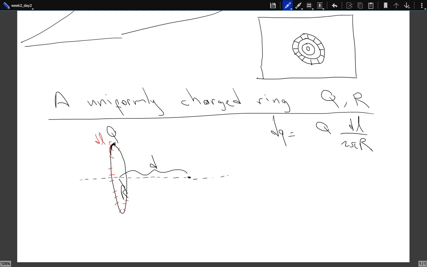Since charge is uniformly distributed, the total charge in that length will be the charge multiplied by the fraction of that length compared to the full circumference. Or you can say that Q over 2 pi r, this is the circumference. This is the linear charge density of the ring. So if you multiply it by the length, you get the charge of the segment.